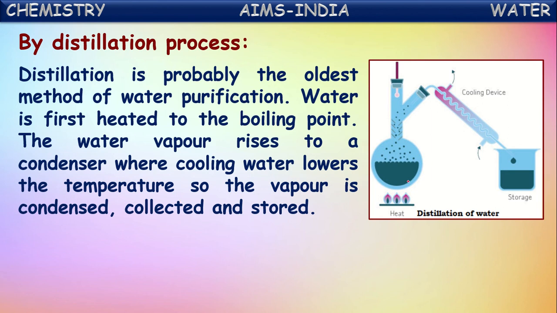The impure water, or the water containing impurities, is taken in a container and it is heated to its boiling point. By heating to boiling point, water converts into vapor form. Those vapors of water are collected through a delivery tube. While passing through the delivery tube, this water is cooled by a condenser. Okay.